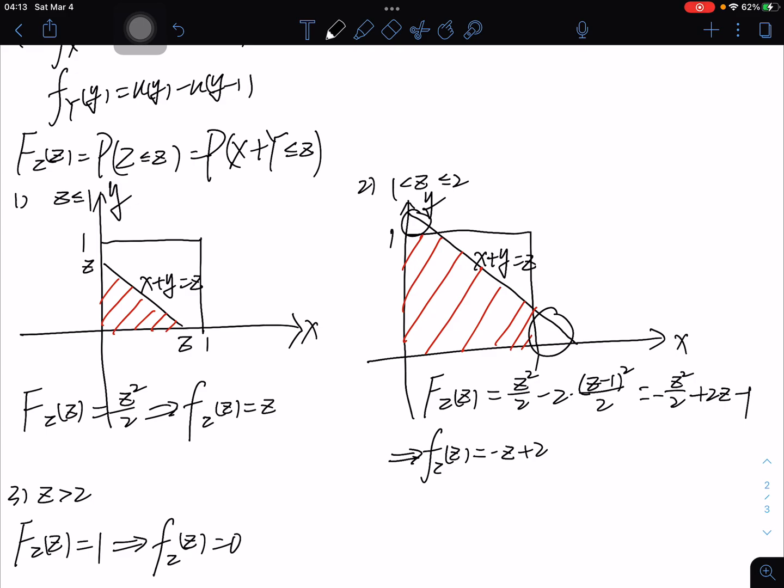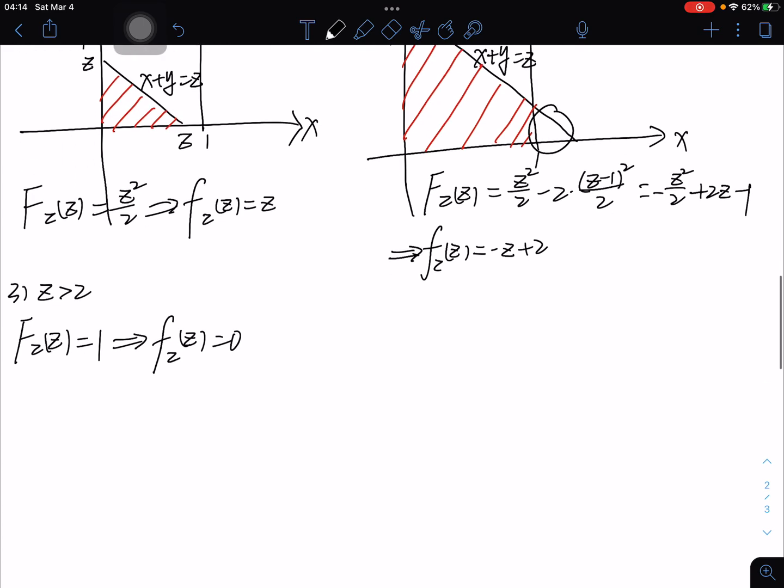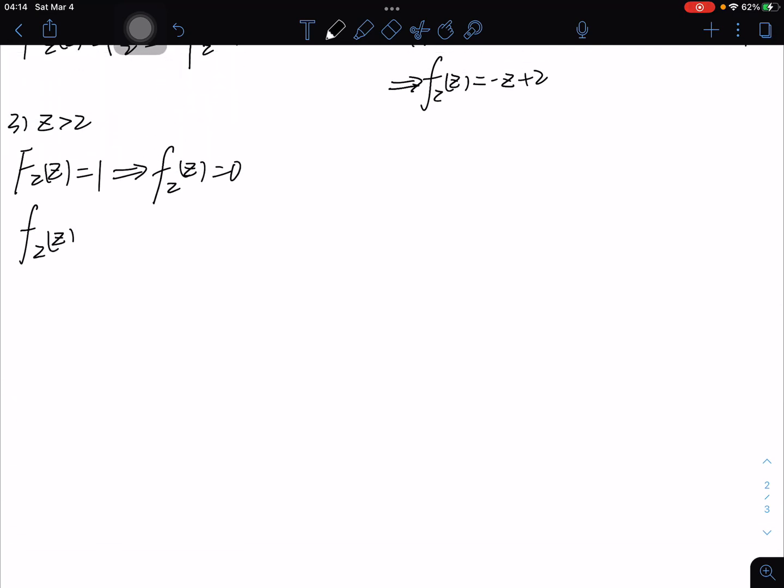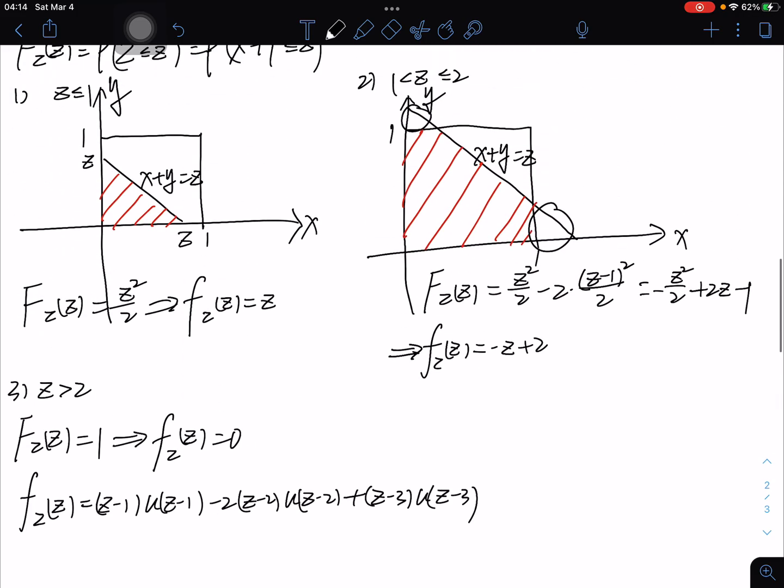And we just right shift the function, and our answer is f_Z(z) equal to (z minus 1) u(z minus 1) minus 2(z minus 2) u(z minus 2) plus (z minus 3) u(z minus 3), right? As a result. Okay, thank you.